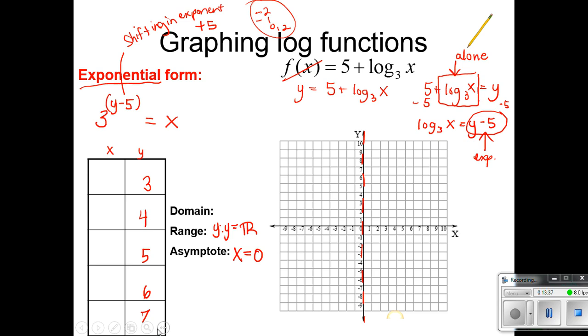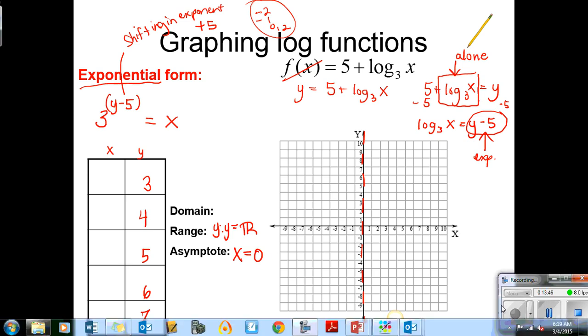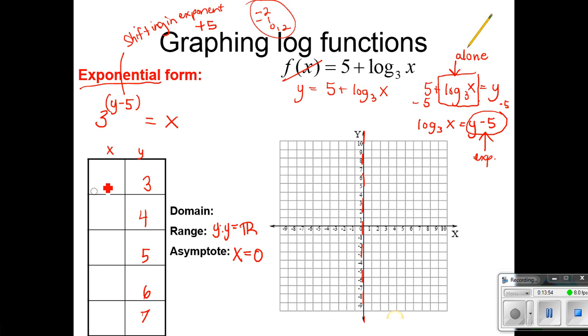So if I'm going to plug a 3 in, 3 minus 5 is -2, and 3 to the -2 is 0.11.